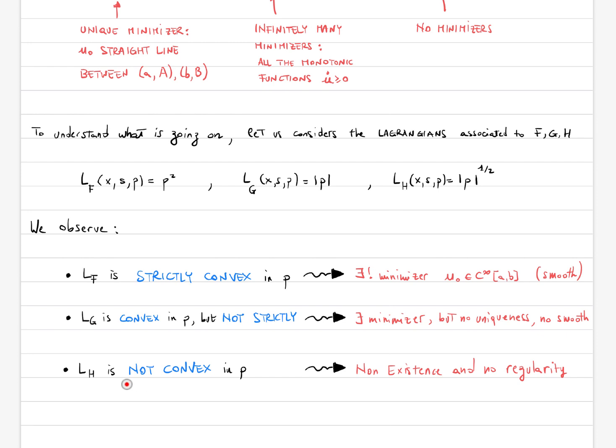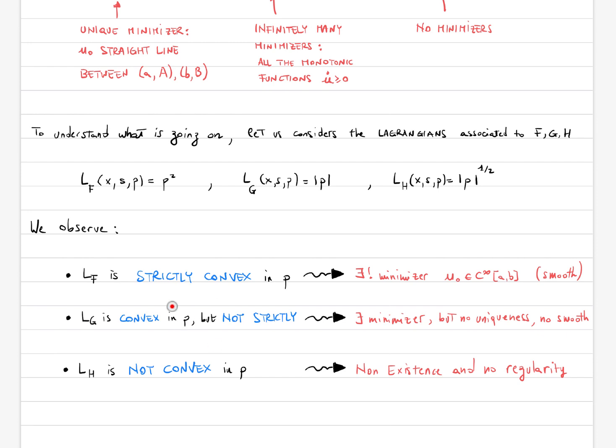And finally, the Lagrangian for h, which is the square root. This is not convex in p, it's actually concave. And we saw that in this case we have no existence and no regularity. And in the future we will see that these three situations are basically all that can happen, at least in this course.